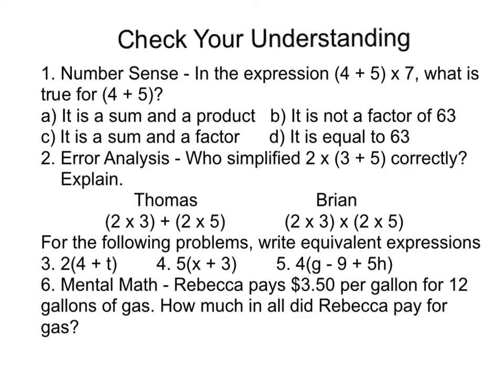D, it is equal to 63. Number 2, error analysis. Who simplified 2 times parentheses 3 plus 5 correctly? Explain. Thomas, 2 times 3 plus 2 times 5. Brian, 2 times 3 times 2 times 5.